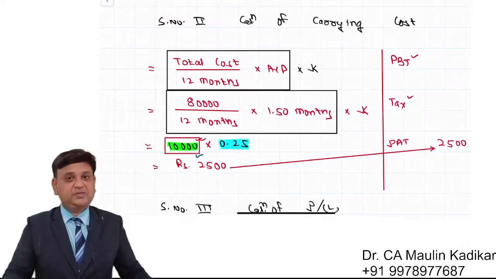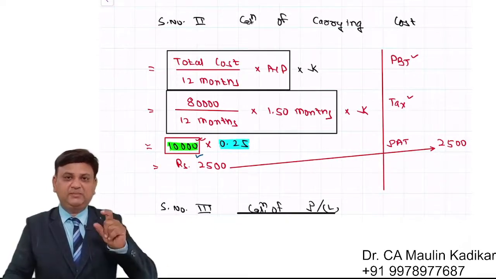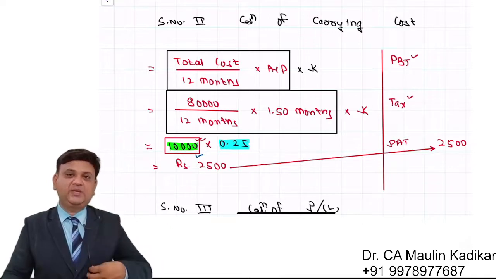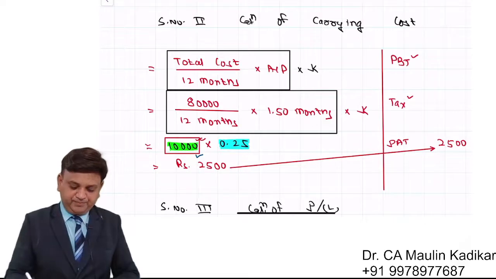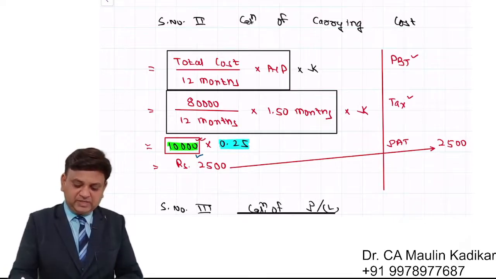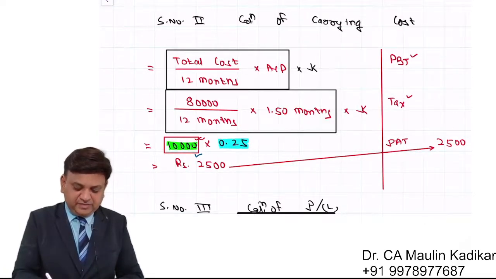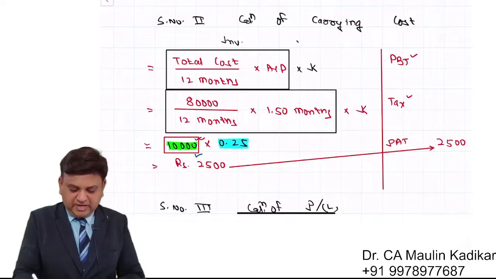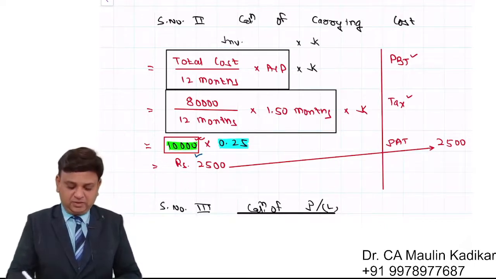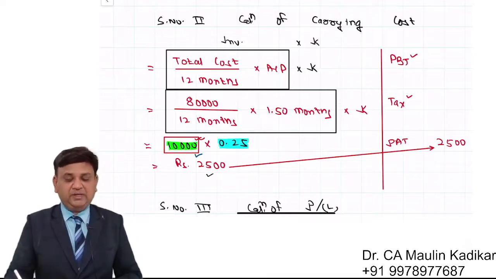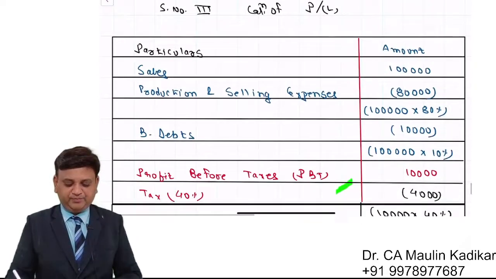The second is calculation of the carrying cost. This time, since I had to give an explanation from the investment point of view, I split the working in detail. What is the investment that we make when we sell goods to the customer, and that amount could have been invested somewhere else. So in detail I explained the carrying cost calculation.